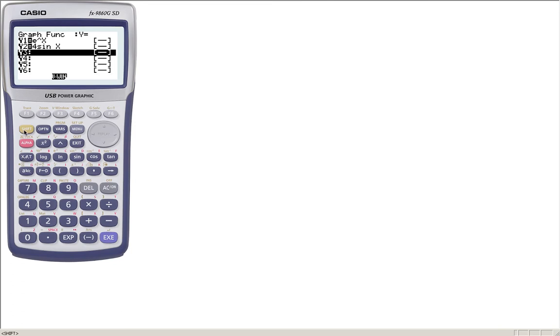So I'll shift the window, x is between 0 to 2 pi. Okay, so let me draw. So let me find the point of intersection. G-Solve, intersect. So one value is 0.371 and the other solution is 1.36.